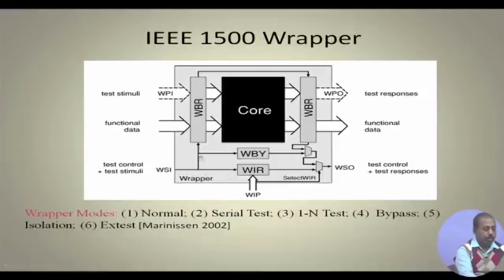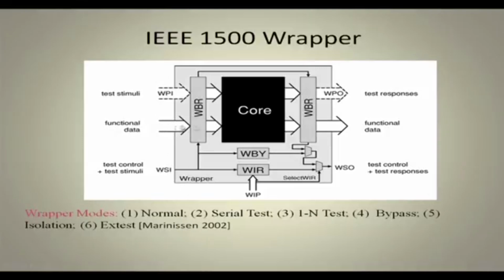We may like to configure the boundary scan registers, boundary scan cells, through the serial input, or we can have some parallel input as well. The test stimuli can be applied parallelly also, through the wrapper parallel input and wrapper parallel output. Using that also these WBRs can be configured, and the WBR can also get input from the functional data, that is, in the normal mode of operation.